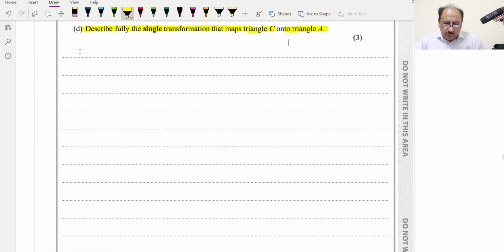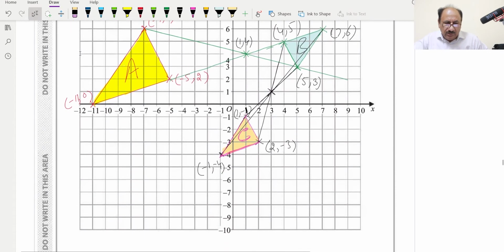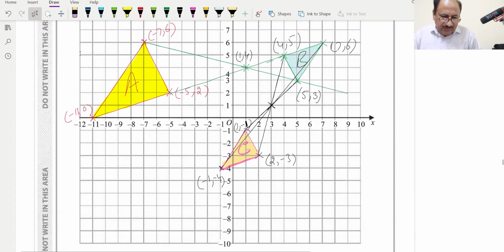A. So C onto A, so we can see C onto A is enlargement. We can draw, basically we can draw this line.